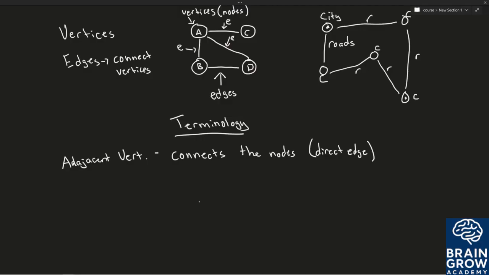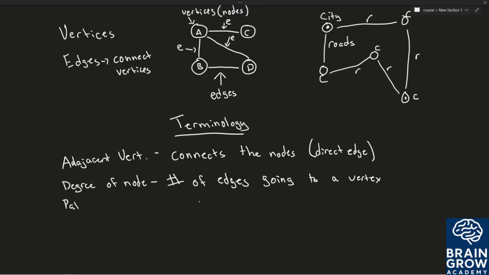We have the degree of a node, and this is the number of edges going to a vertex. So in this city node up here, the degree would be 2 because we have 2 edges going into this city.